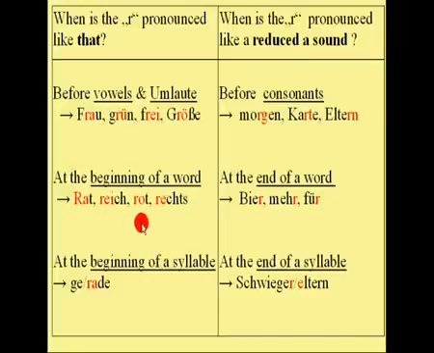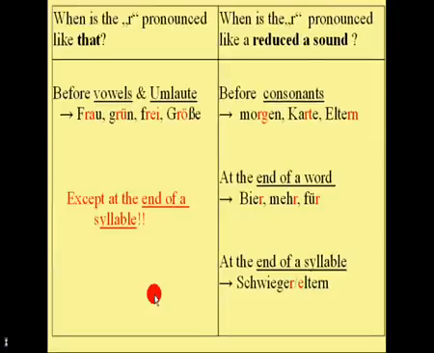Now one could say, okay, every time the R is at the beginning of a word, it's always followed by a vowel or an umlaut, and same is true for the R at the beginning of a syllable. It's also always followed by an umlaut or a vowel. Therefore, we can summarize these two rules into one.